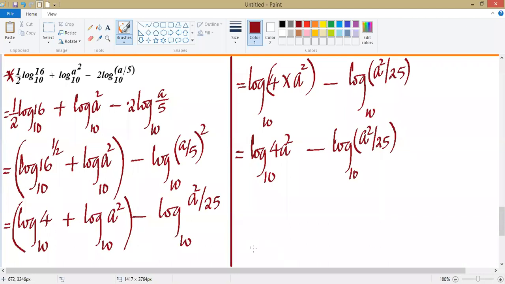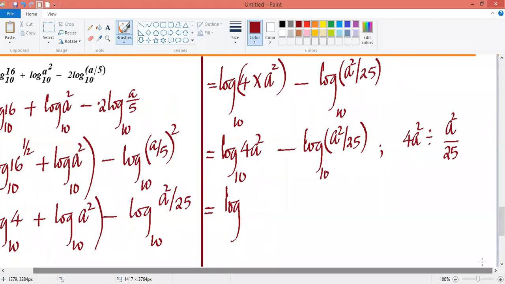So when we divide, what do we get? We get log of 4a squared divided by a squared over 25. Someone can check it aside.